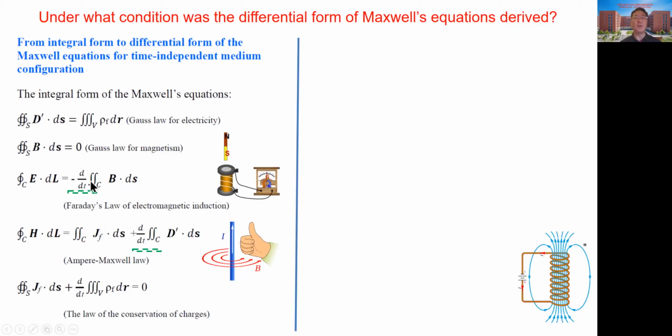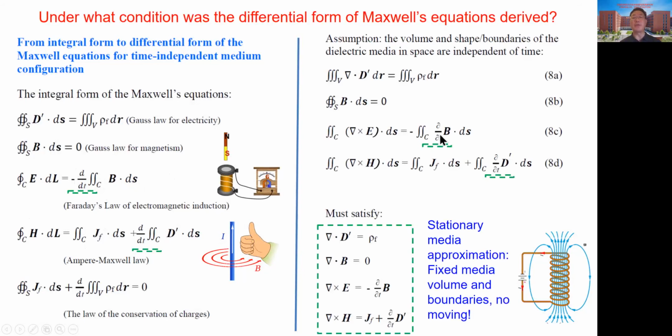It can apply to the field, and it can also apply to the differential units here if the surface is varying. Now if the surface is stationary, then you can directly switch the differentiation and the integral, and apply it directly to the magnetic field. This assumes the surface does not change.